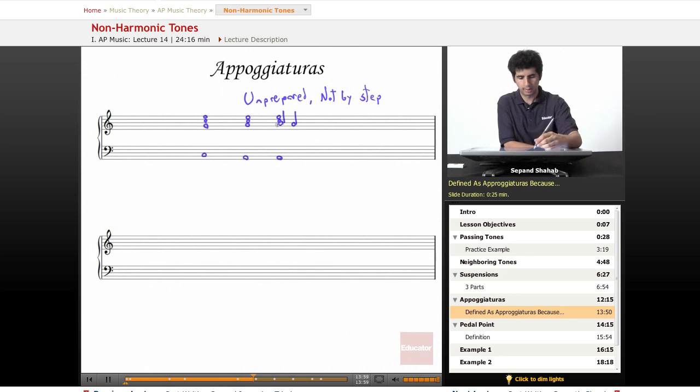So of course, this B is not a passing tone because the G up to a B is not a step, and it's not a neighboring tone for the same reason. So this would be an example of an appoggiatura.